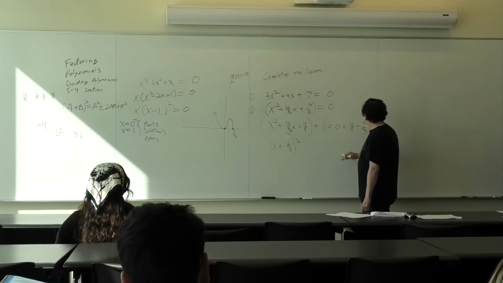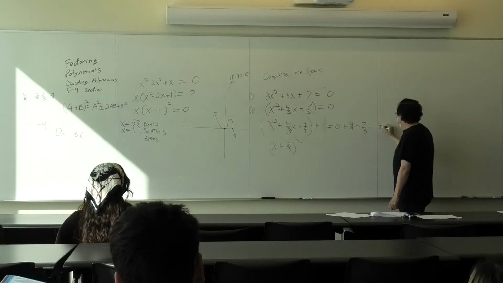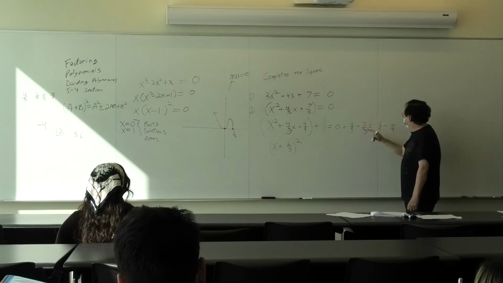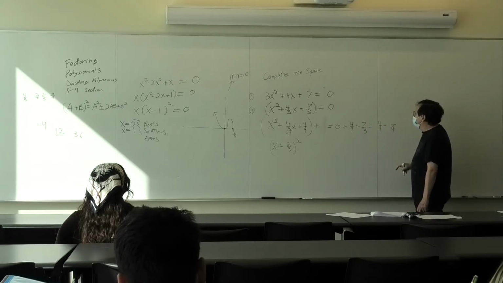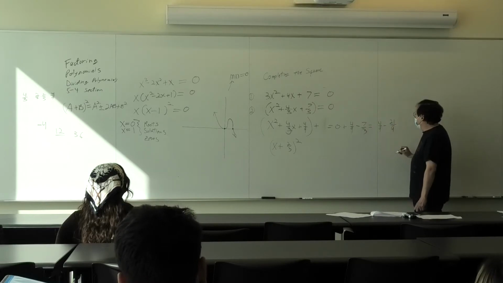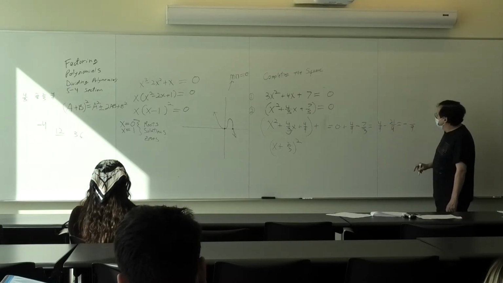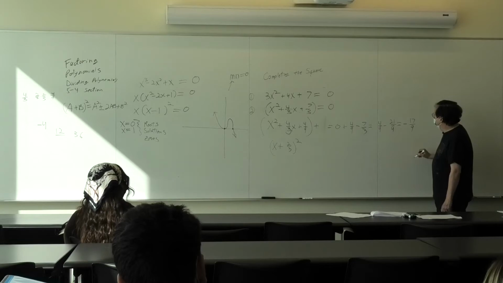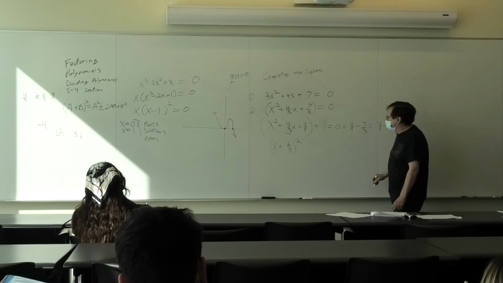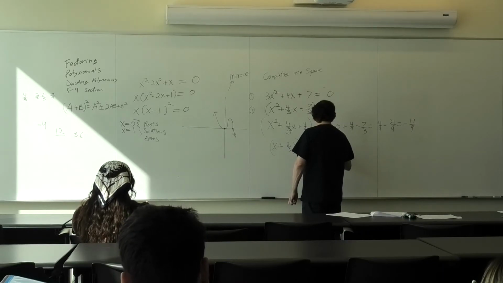Oh, I have an ugly fraction. 4/9 minus, how many 9s do I get here? 3 times 7 is 21. So I'm going to end up with negative 21 minus 4 is 17 9s. So this is equal to negative 17 9s.